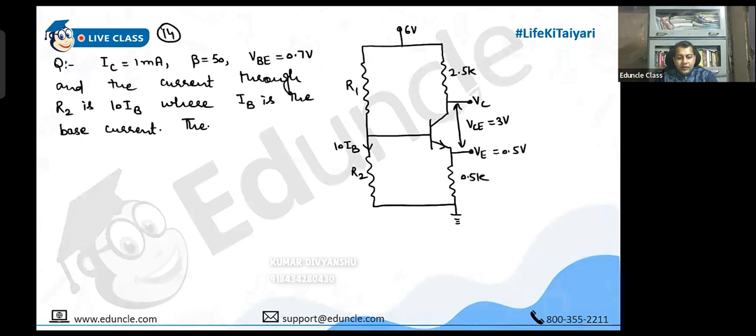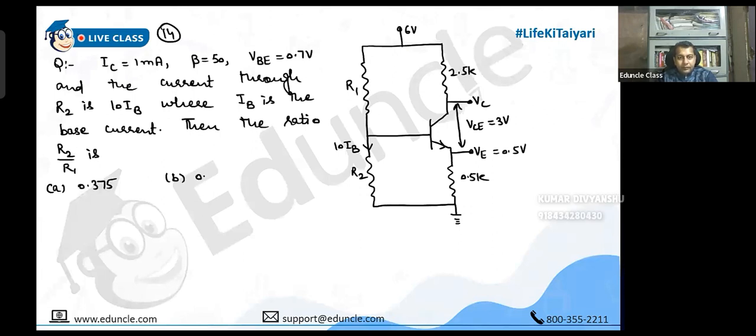So you have to find the ratio R2 by R1. IIT JAM 2017.